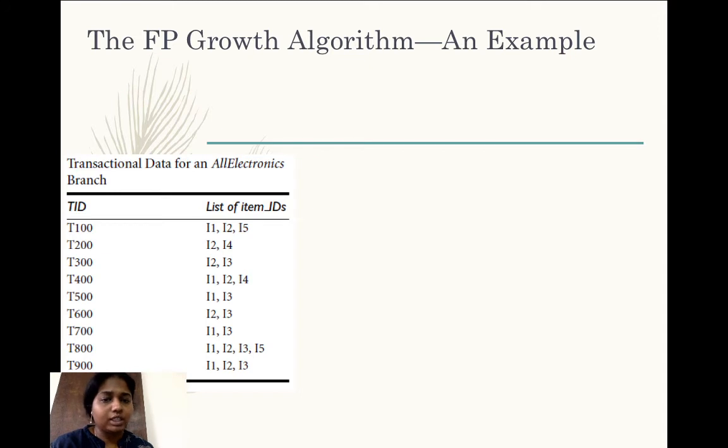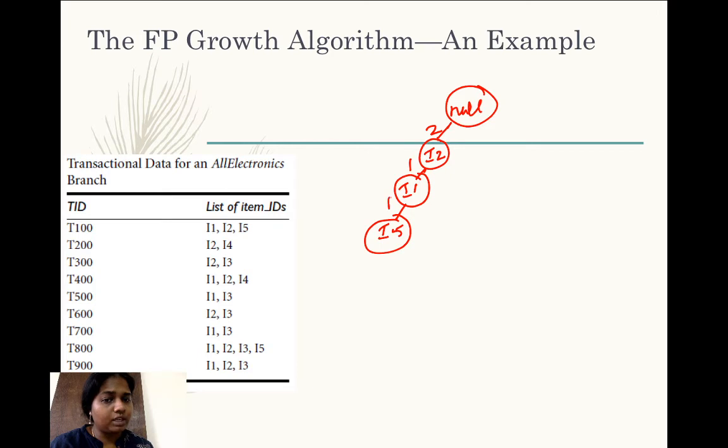Now let me go to the third transaction. When I have my third transaction, I already have the null here. To the null value, I have I2, and to I2 I have I1, and to I1 I have I5, and this weightage is 2, this is 1 and this is 1, and to I2 I have the node I4, the weight of it is 1.